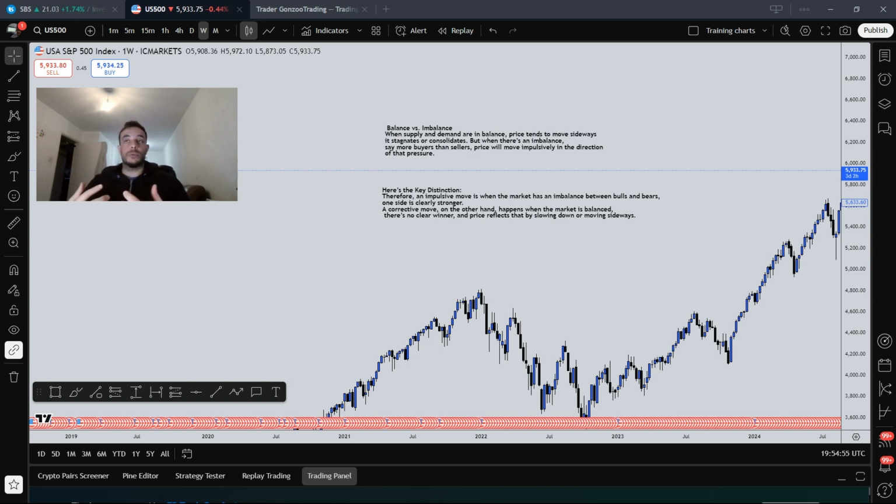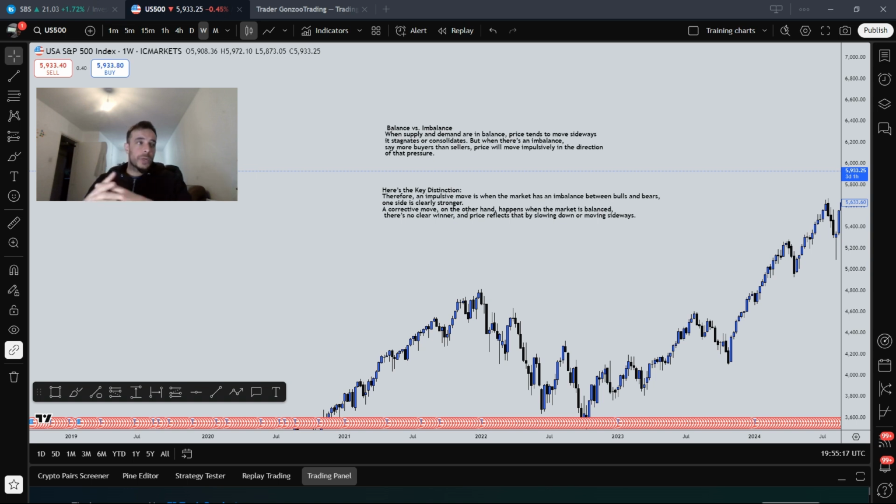We want to make money out of the markets, and we only make money when there's impulsive moves. We can do it when there's corrective moves, but that's more when the price is bound on a corrective move, where basically it's bouncing between support and resistance.